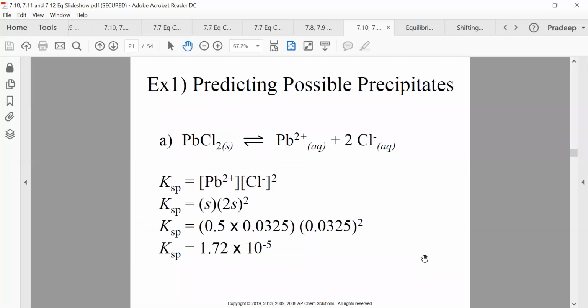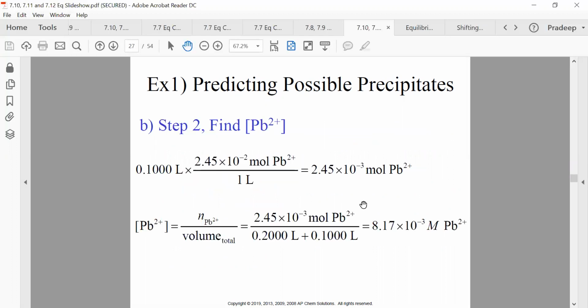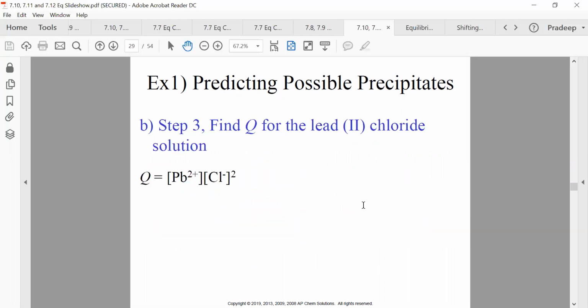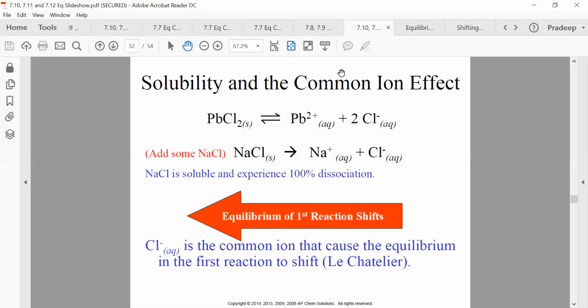I hope everyone understood this stuff. The next one, which is one of the important topics, is called solubility and the common ion effect. If you look at this slide, we have PbCl2, which dissolves to form lead ions and chloride ions.